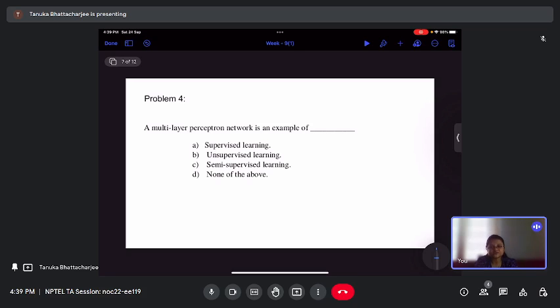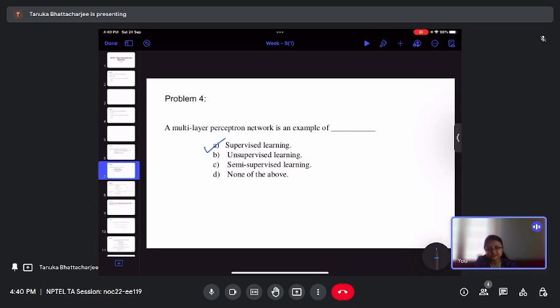Or you can also have semi-supervised learning approaches, but this multi-layer perceptron network is definitely a supervised learning approach, because you know for each of your training samples what the output should be, or you have labeled training samples. I hope the idea is clear now.